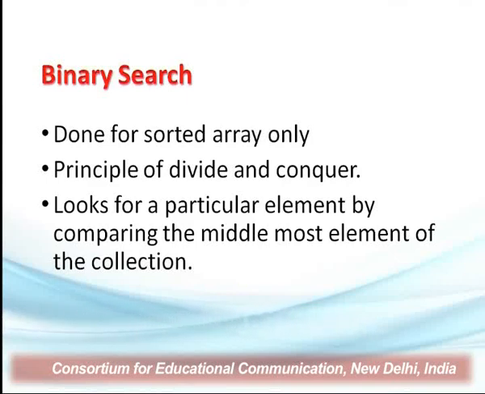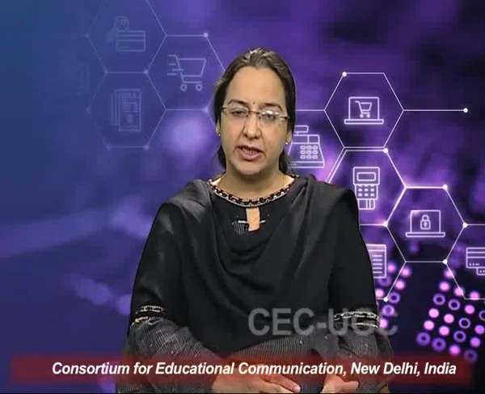It will look for a particular element. The strategy will be the following. It will compare the middlemost element of the array or collection, and then it will decide whether to look in the first half or the second half if your element is not equal to the mid element.